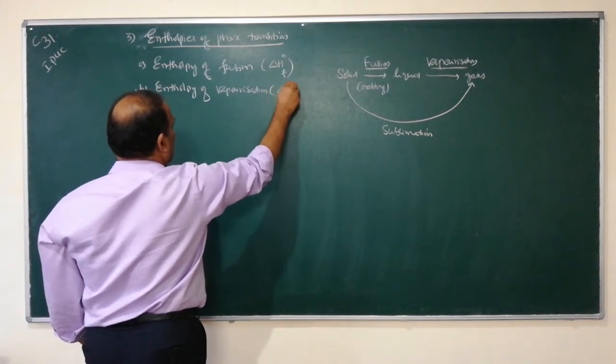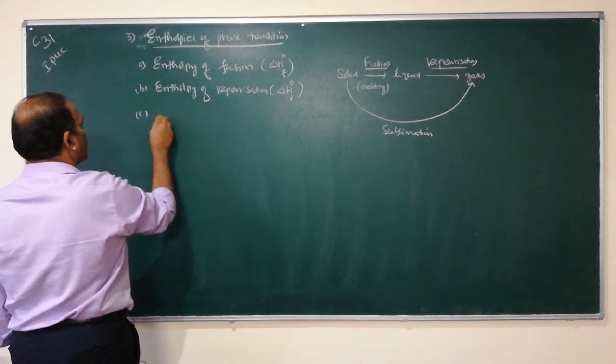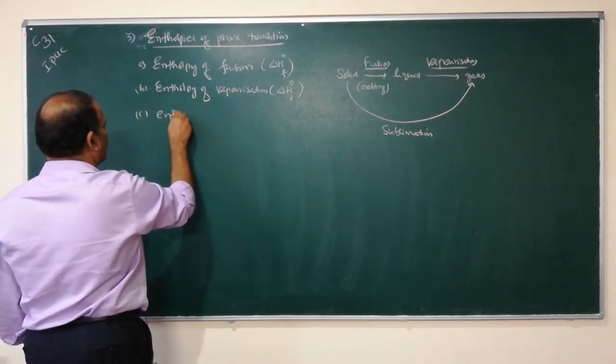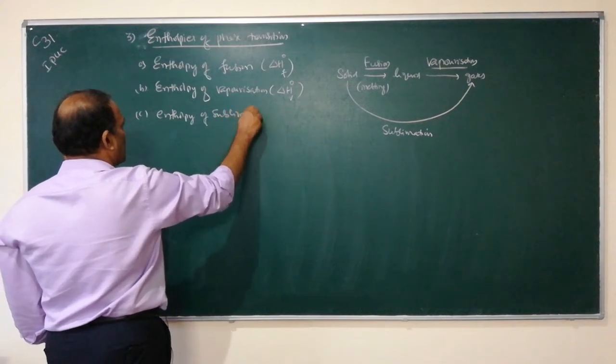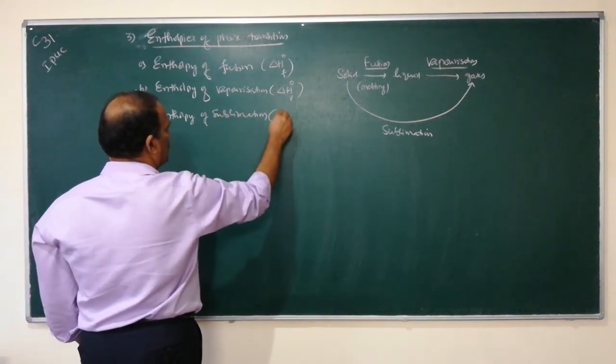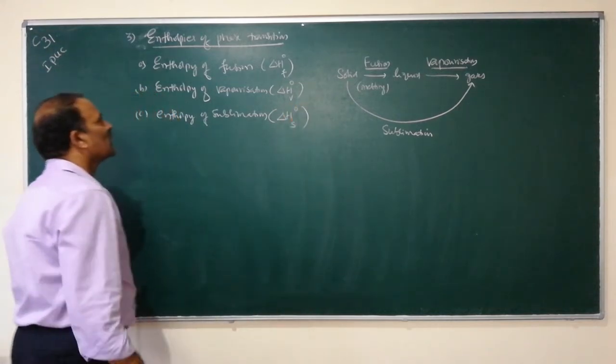It is called delta H naught of V. C, enthalpy of sublimation. That is delta H naught of S.